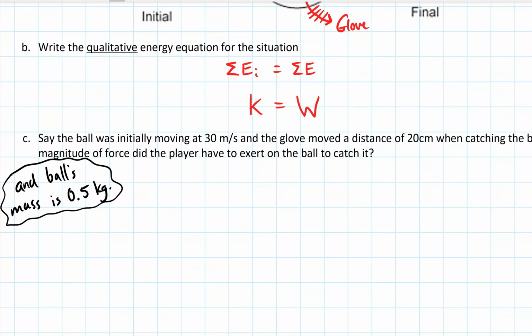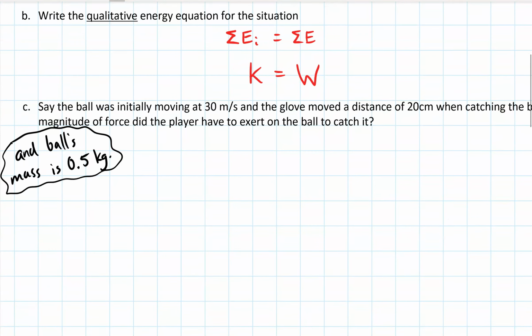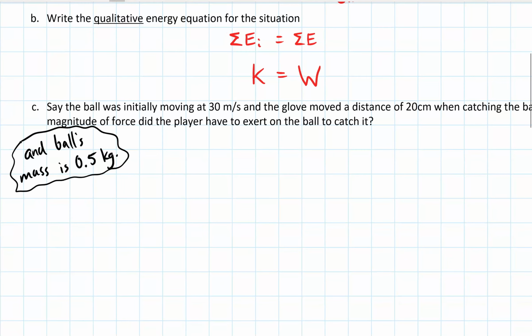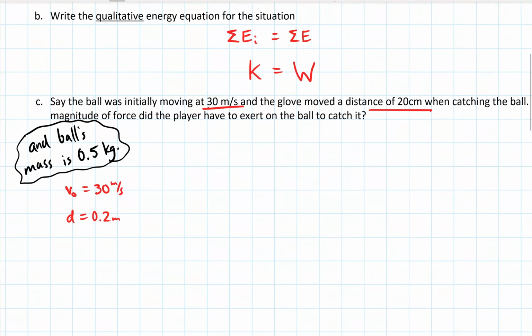Part C gives us some numbers and asks us to solve for something. Say the ball was initially moving at 30 meters per second, so the initial velocity is 30. The glove moves a distance of 20 centimeters, so the distance moved is 0.2 meters, when catching the ball.